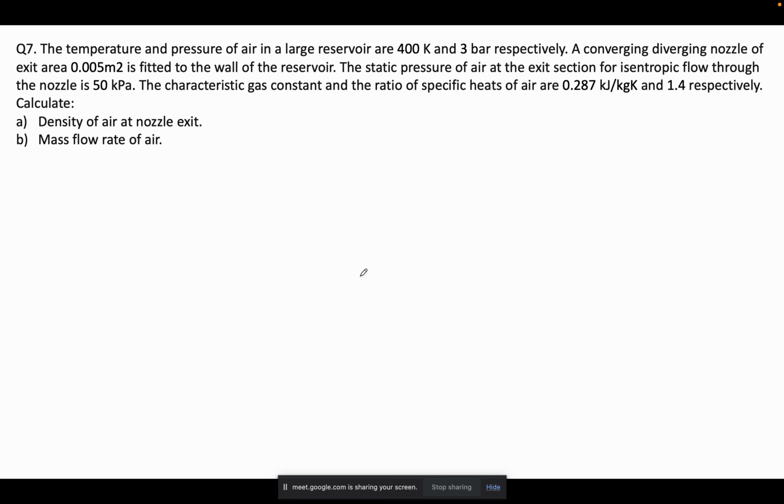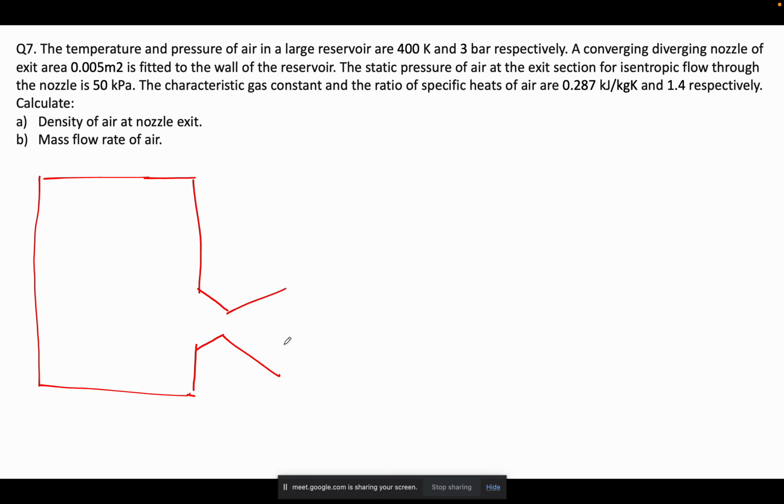Okay, so suppose this is a tank, and somewhere a converging diverging nozzle is connected here. So the temperature and pressure in this tank is 400 Kelvin and 3 bar.